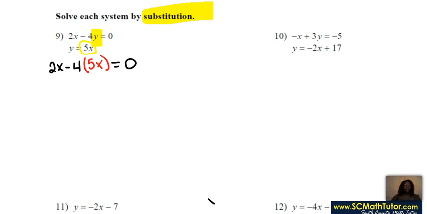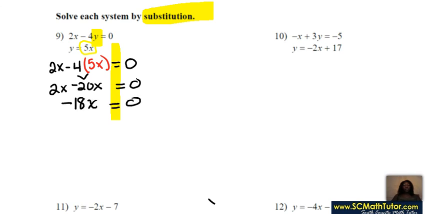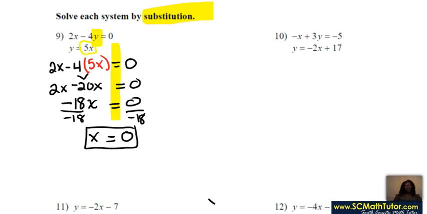I can solve a one variable equation. 4 times 5 is negative 20x. 2x minus 20x is negative 18x equals 0. Therefore, when we divide by negative 18, our variable x is equal to 0. Okay, 0 divided by anything is 0.